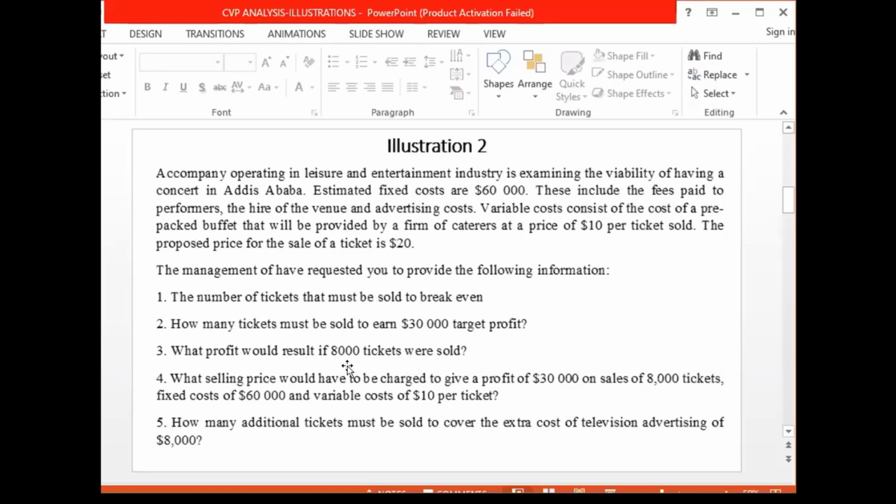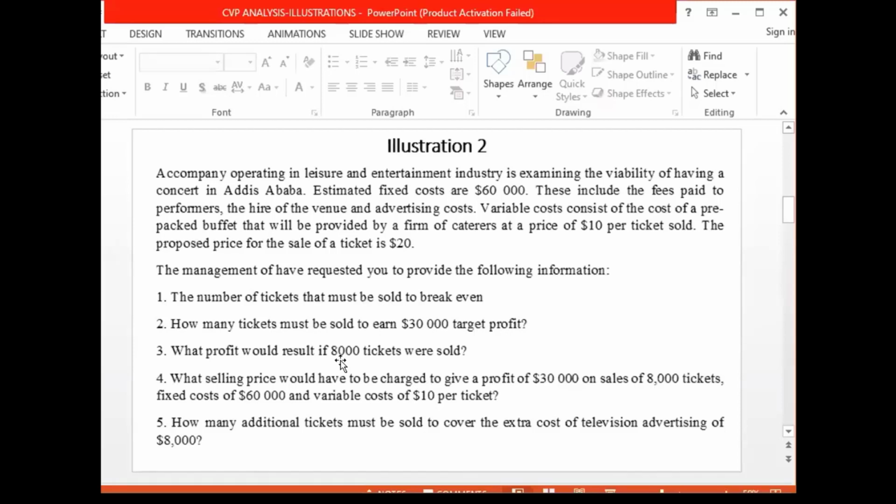You can as well take 8,000 multiplied by 20, which is 160, and then you less the variable cost. The variable cost is 10 times 8,000, which is 80, so you still get 80. So it's the same thing. You can do it directly by just determining the total contribution if you sell the 8,000 tickets.